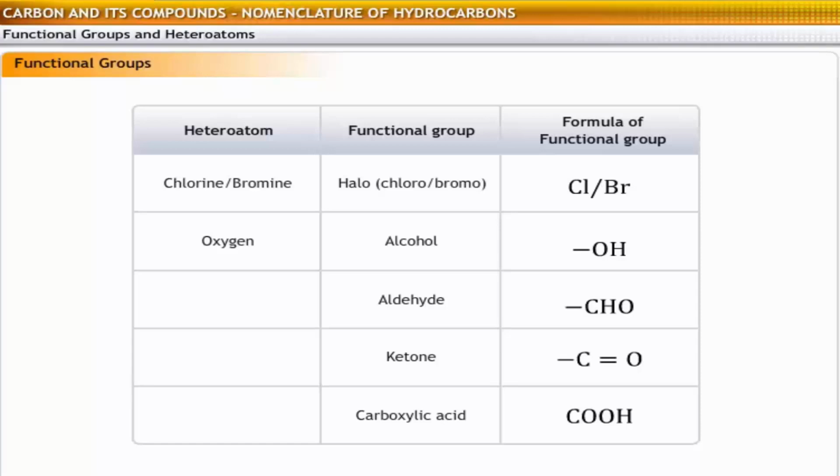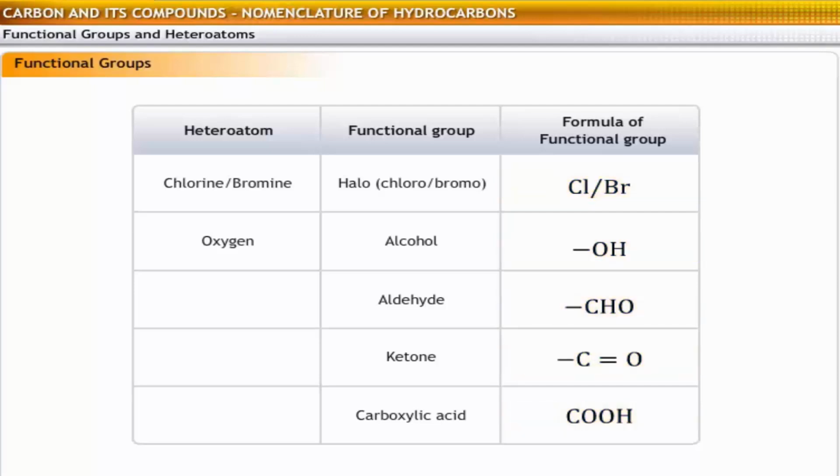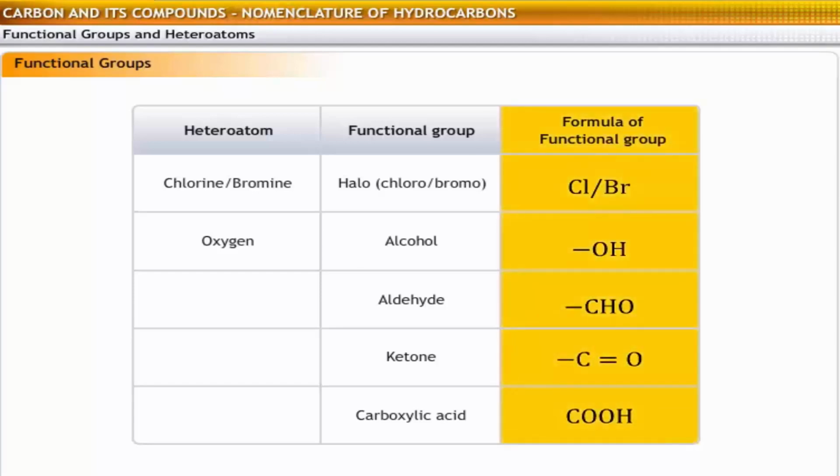These additional atoms are called heteroatoms. Therefore, a heteroatom is an atom other than carbon or hydrogen present in a hydrocarbon chain. Heteroatoms have characteristic properties that are independent of the length and nature of the carbon chain. Hence, these heteroatoms are also called functional groups.